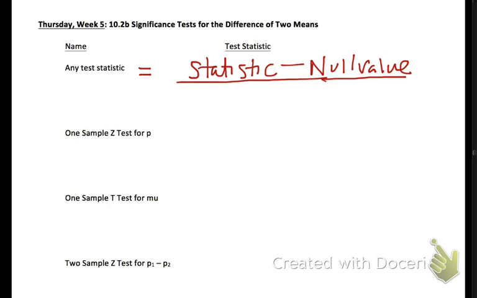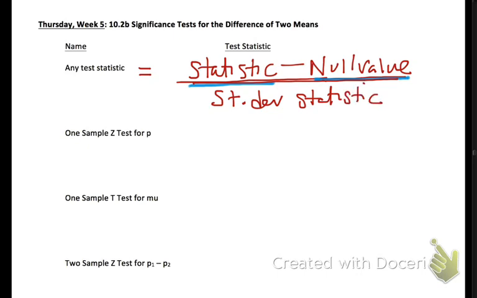So what this is telling us is we want to know the distance that the statistic is from the null. How far away is what we observed from what we'd expect. So we are then going to divide by the standard deviation of the statistic. And those formulas, or at least some of them, we learned in Chapter 7 when we talked about sampling distributions. So that's the general formula.